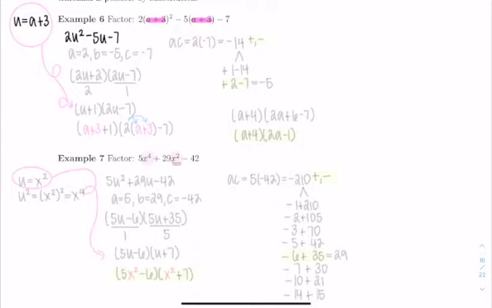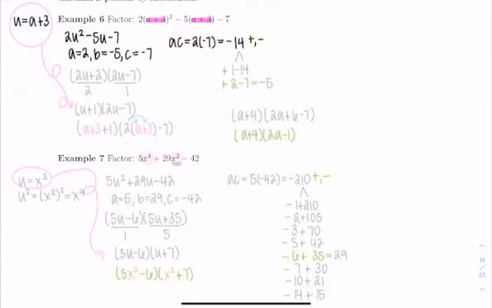Now this is something we know how to factor. We don't have a greatest common factor to take out, and so a is 2, b is negative 5, and c is negative 7. So a times c is 2 times negative 7, which gives me negative 14.